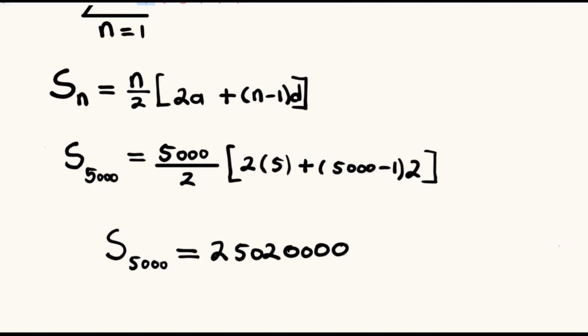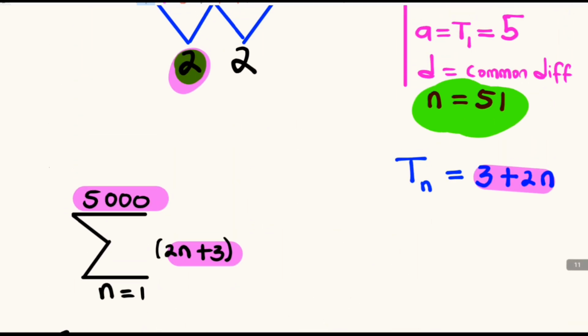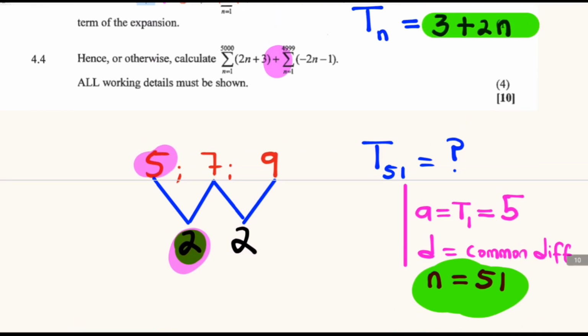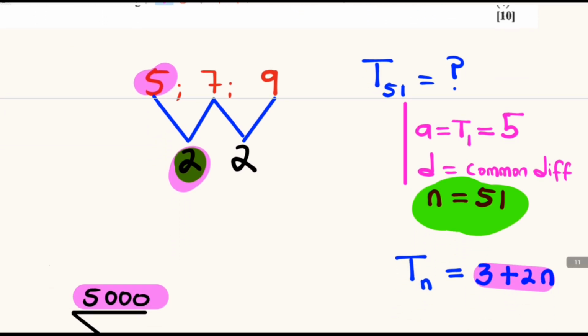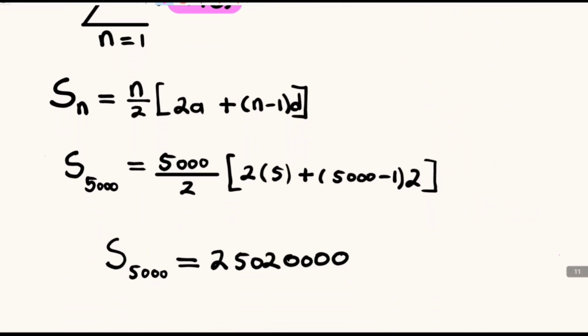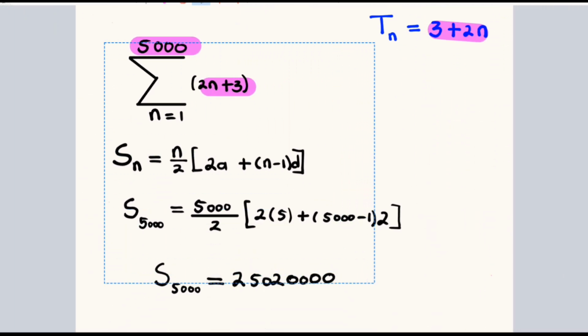And this was from the first sum, so we have to determine the second part, and we will add the 2 since we have a positive in the middle. So that part we determined, and we will add to the second part. So let's determine the second summation. Allow me to clean the space.